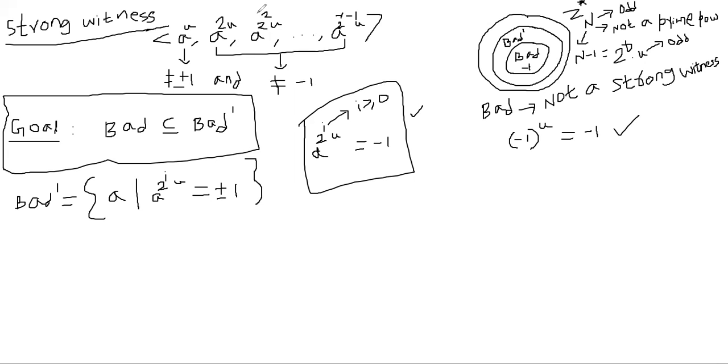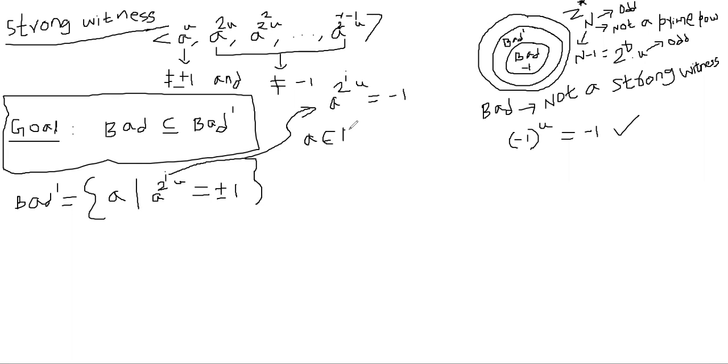So more formally, we take an element A in bad. Let's take A in bad and prove that it will be part of bad prime. All right, let's get it going. Since A belongs to bad, what can we say? We can apply the definition of bad. That means either a power 2 power j times u must be equal to -1, or a power u is equal to +1.